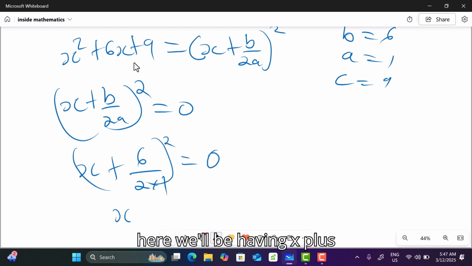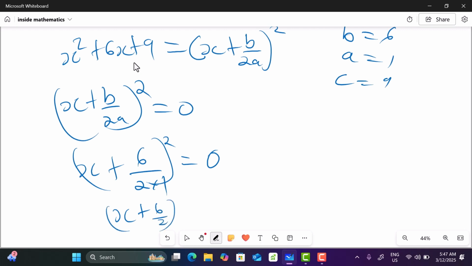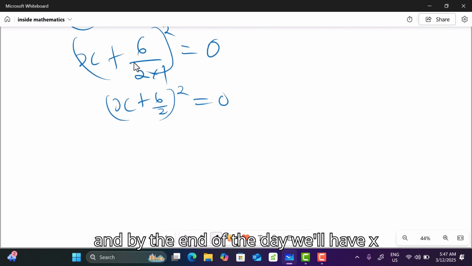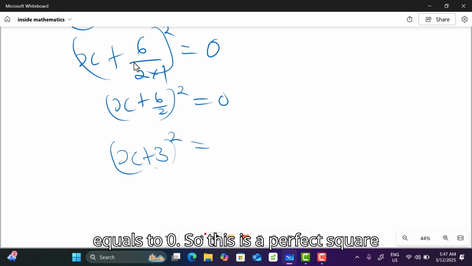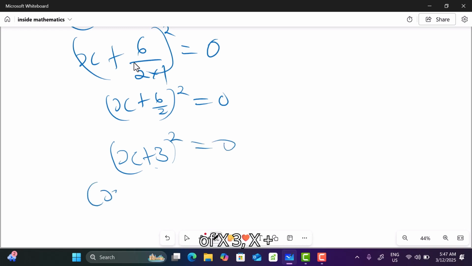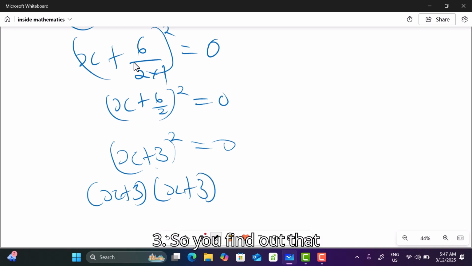So here we'll have x plus 6 over 2 bracket square equals 0. Then by the end of the day, we'll have x plus 3 bracket square equals 0.